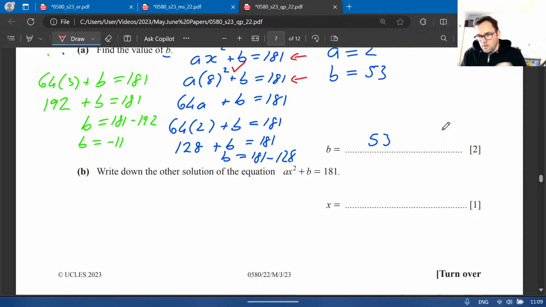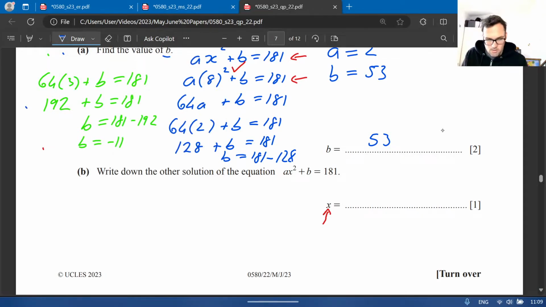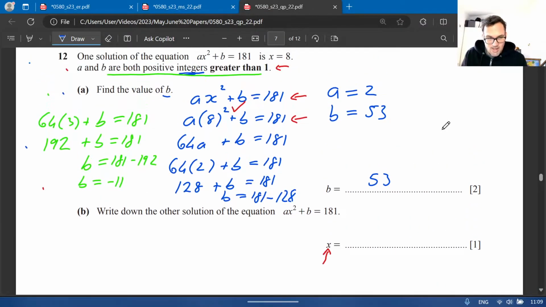Okay. Now, same thing goes with part B here. It's a little bit confusing, but I can see here that they want to know what x equals. Alright, so let's just work out what x is. We've determined now in the previous question that a is 2. So I'm going to write this equation again. Instead of a, I put 2.